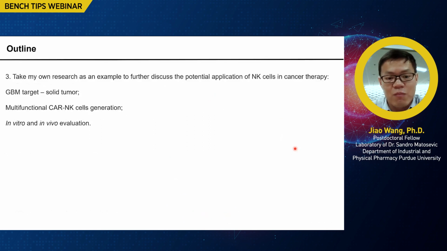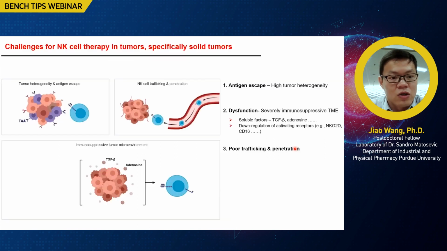So for the final part, I will take my own research as an example to further discuss the potential application of NK cells in the cancer immunotherapy field. First, I give a slide to summarize the challenges of NK cells in tumors, especially solid tumors. How do these solid tumors make NK cells invisible? Typically, there are three strategies.